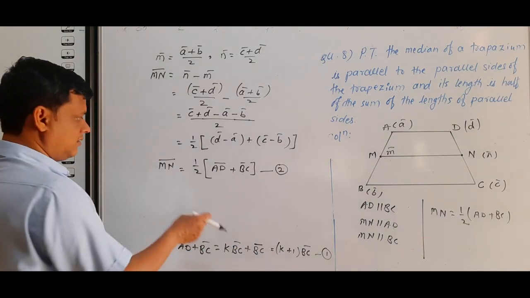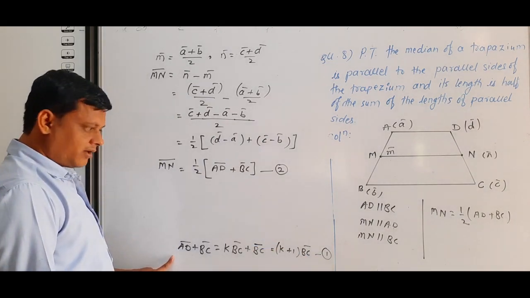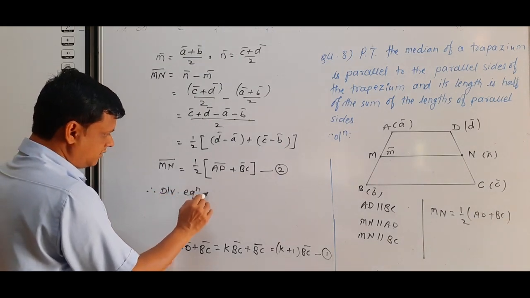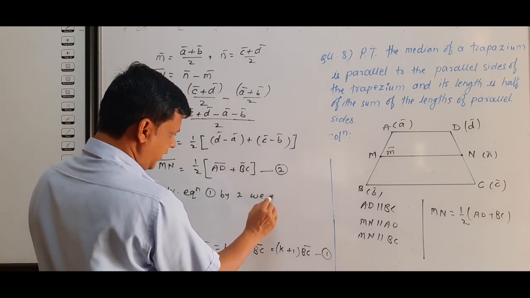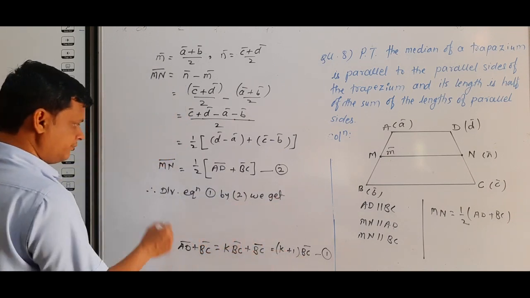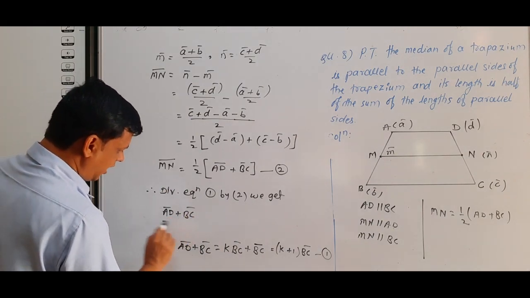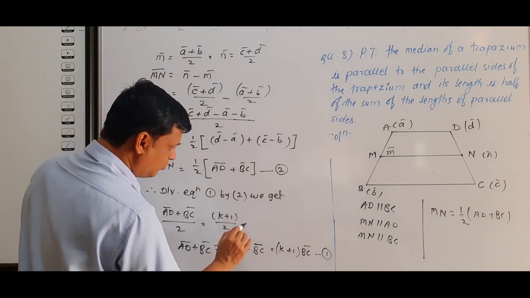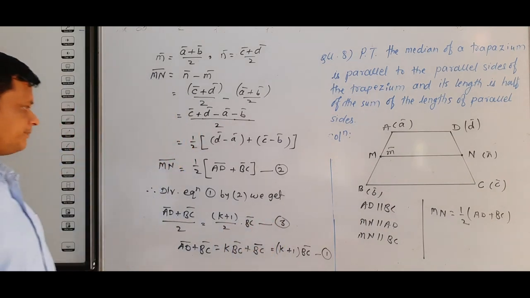That means we can divide equation 1 by 2. So we write here vector AD plus vector BC upon 2 is equal to K plus 1 upon 2 into vector BC. So denote this as equation number 3.